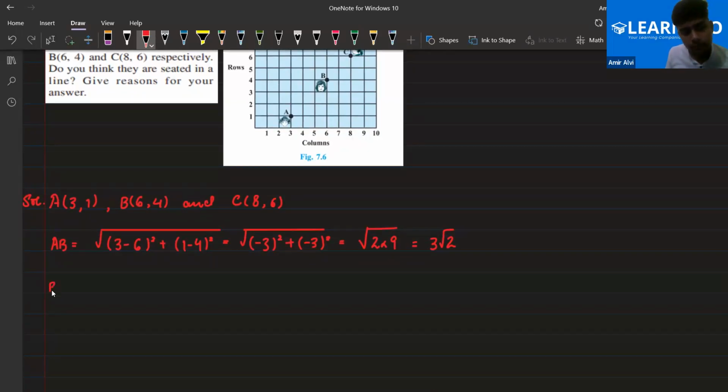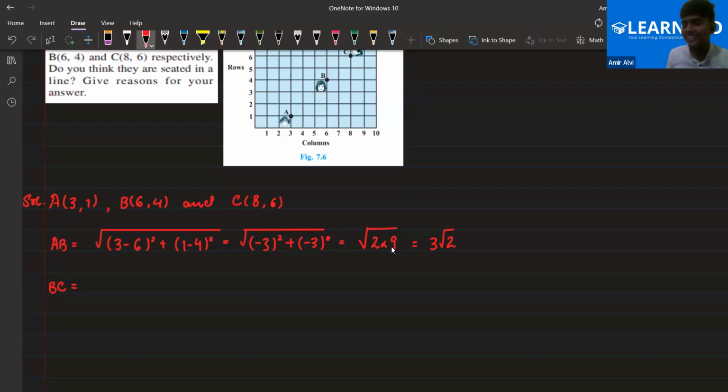Similarly, BC is, sir. Yes, Gianna. Sir, negative root 3 square is 9, yeah. Negative of 3 squared, like square of negative 3, is 9. Yes, positive 9. So 9 plus 9 is 18, right? 2 9s are 18. That's what I have written.